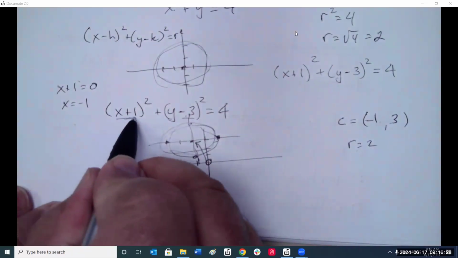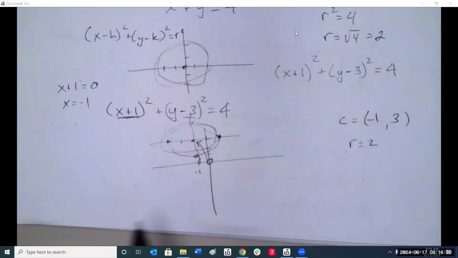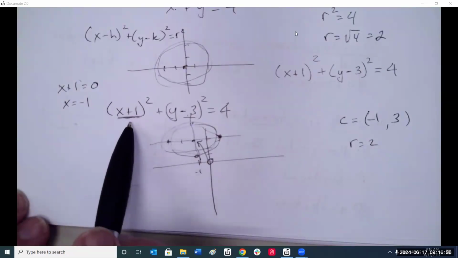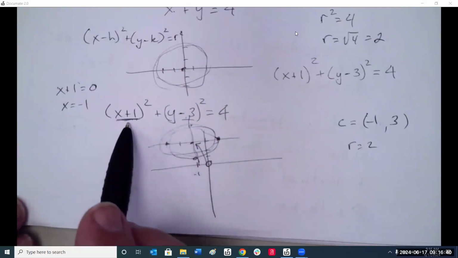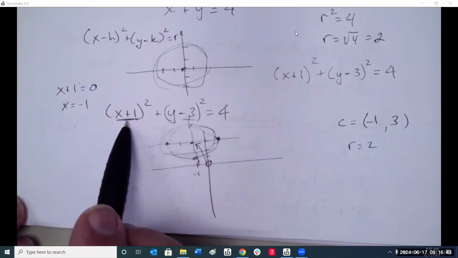So whatever happens inside the parentheses did what in this shift? Didn't flip anything. There was no flipping here. What does this one do?